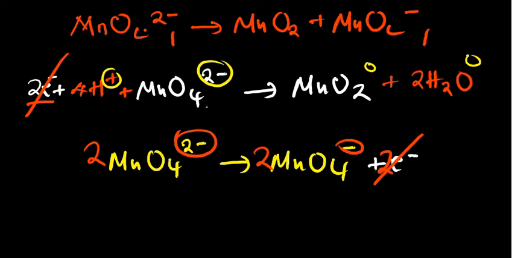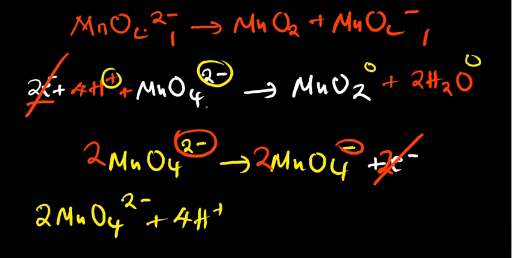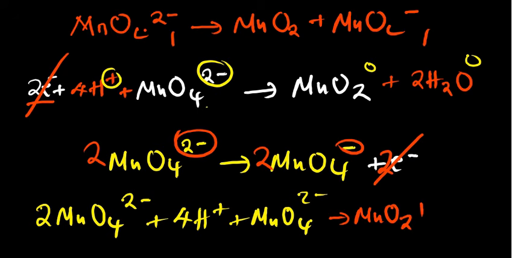So we can start with the second half reaction. 2 MnO4 2- plus 4 hydrogen ions plus MnO4 2-, giving us on our right hand side MnO2 plus 2 water molecules plus 2 MnO4-.